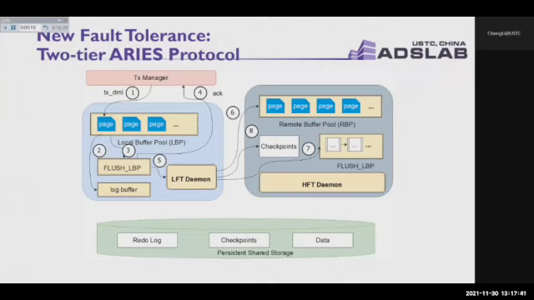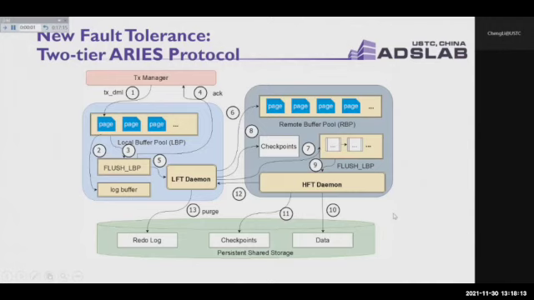Once the remote site has this flush list, a heavy fault tolerance daemon running at the remote site also checks the flush list, and writes the data to the data area on the persistent shared storage, and also writes the big checkpoints to the storage. All these communications heavily use RDMA, so it can be really fast.